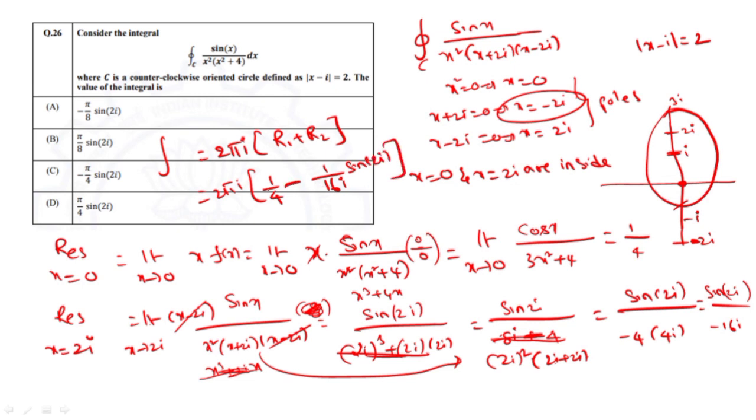So this question is wrong, there is no answer for this. Okay, if you take only one part, this will be the answer. Only the 2i part, okay. So this is wrong, the answer is wrong.